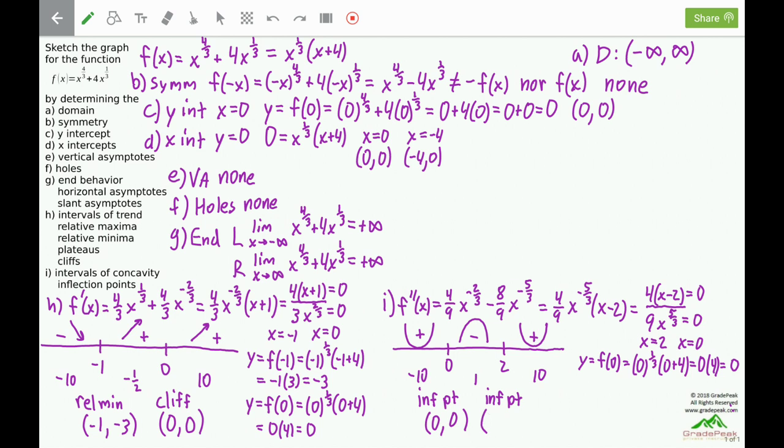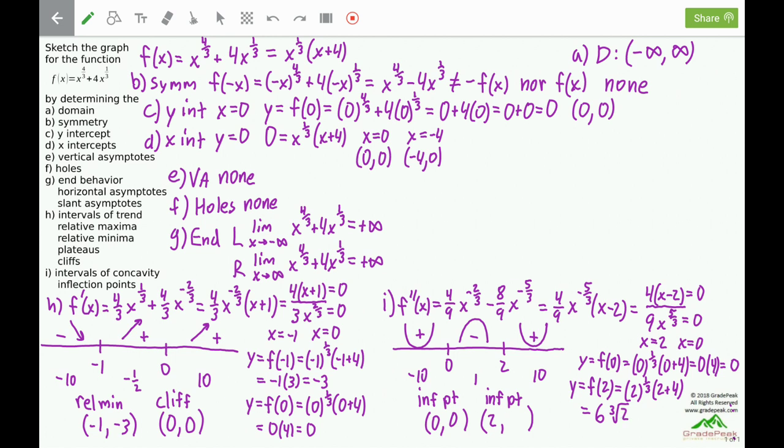It has an x-coordinate of 2 and a corresponding y-coordinate that can be found by plugging the x-coordinate back into the original function. So y equals f of 2, which will be 2 to the 1/3 power times 2 plus 4, using the factored version of f of x. 2 plus 4 is a 6, and 2 to the 1/3 can also be written as cube root of 2.